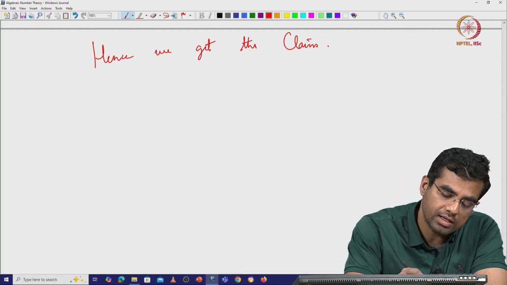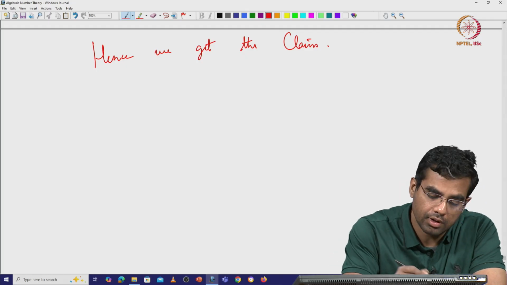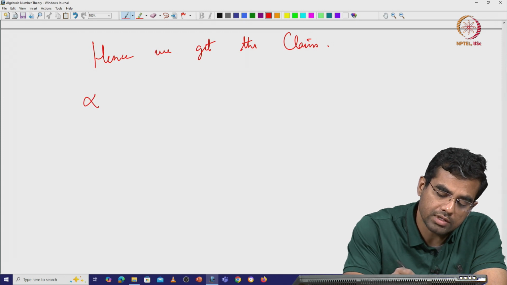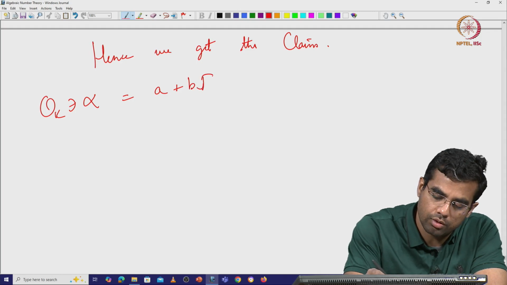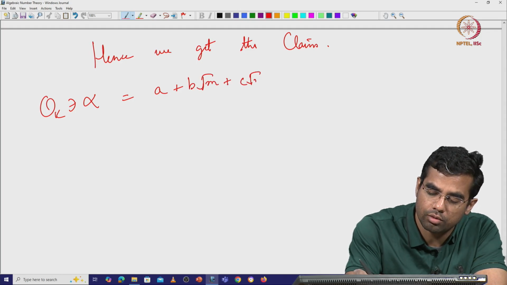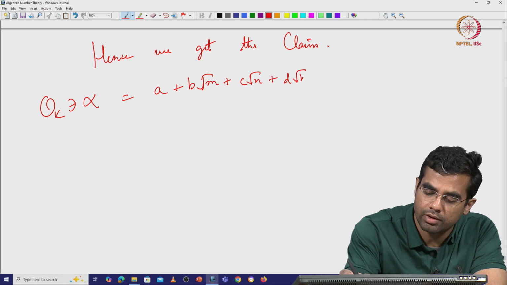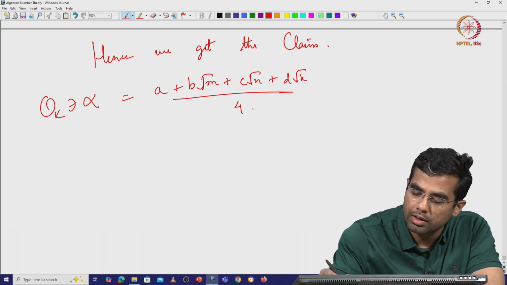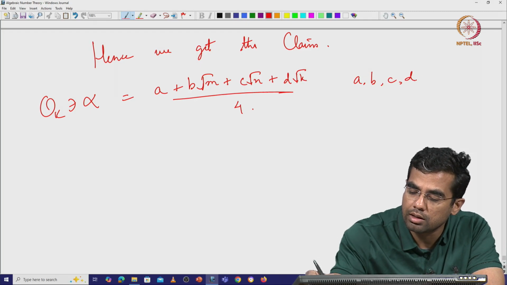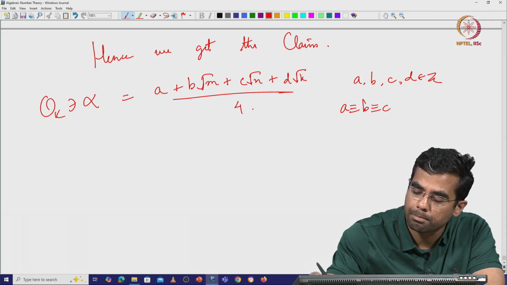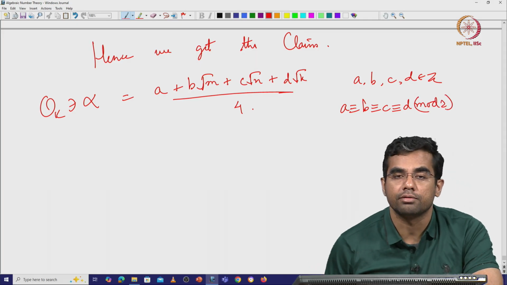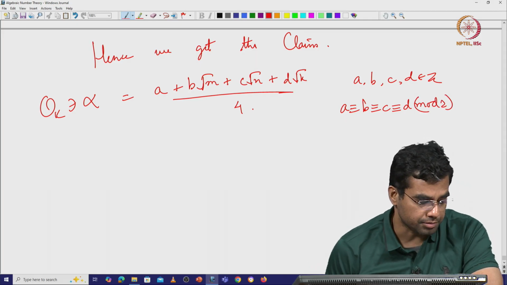Okay. So now the next claim is the following. What we have is alpha which is in O_K, of the form (a + b√m + c√n + d√k)/4, where a, b, c, d are integers and they have the same parity mod 2. So either all of them are even or all of them are odd.